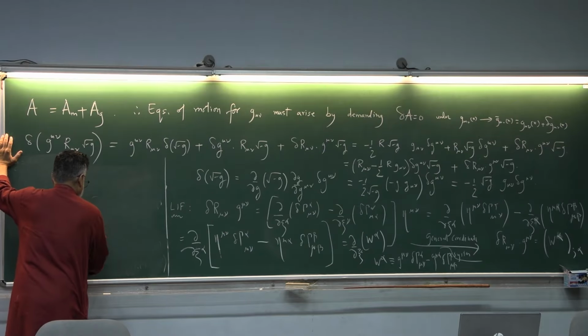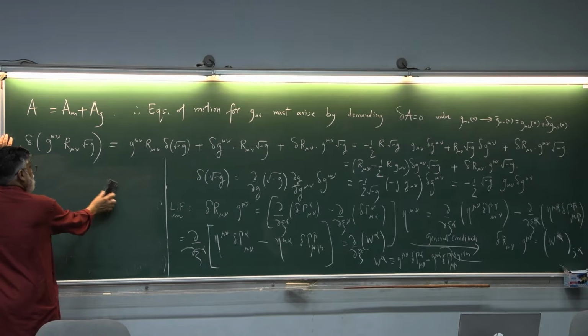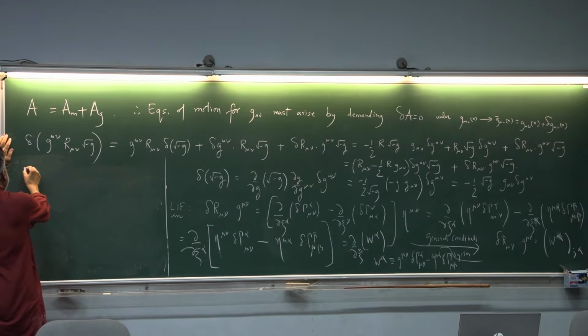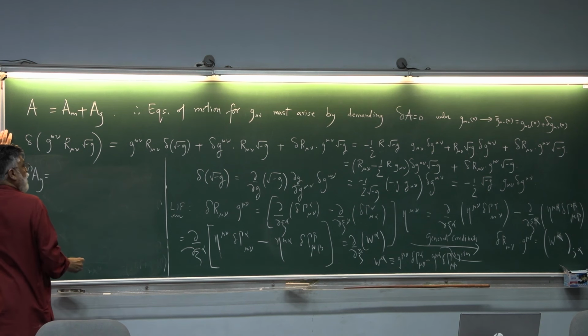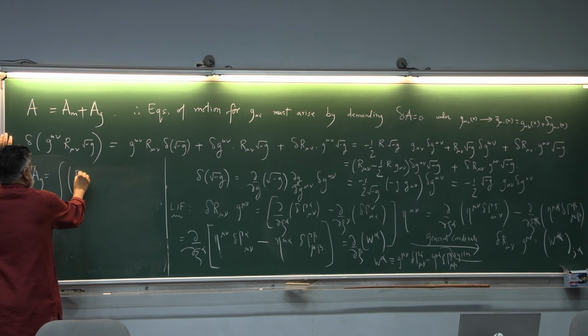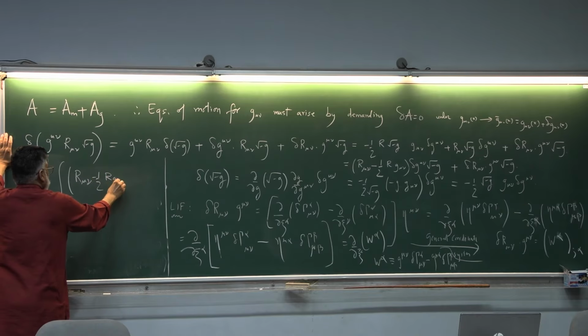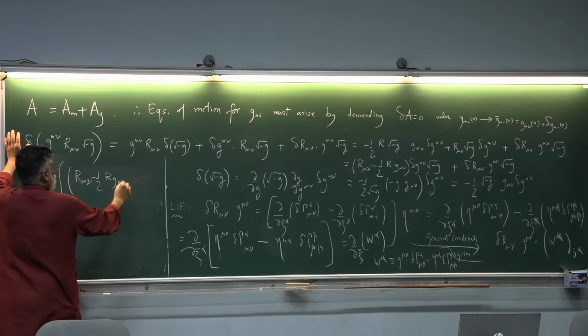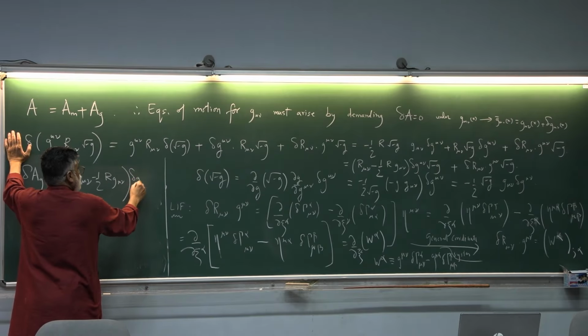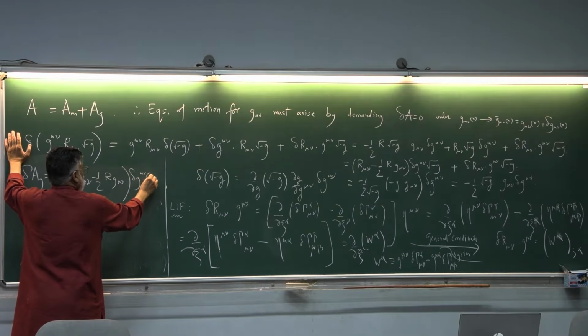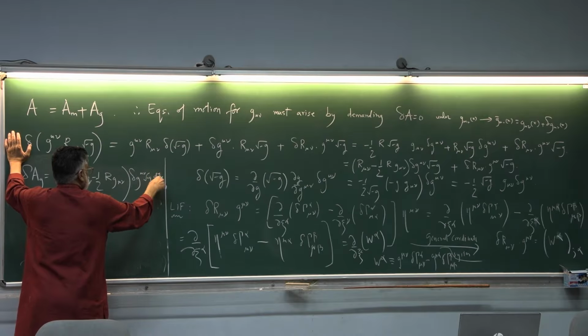So what we have achieved is delta A of G. With all this calculation, we have achieved the variation in the geometric part of the action; the delta R mu nu part has gone to 0, and it is simply R mu nu minus half R g mu nu, delta g mu nu, root minus g d4x.